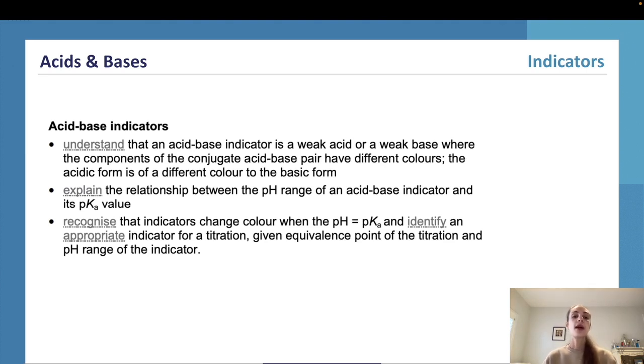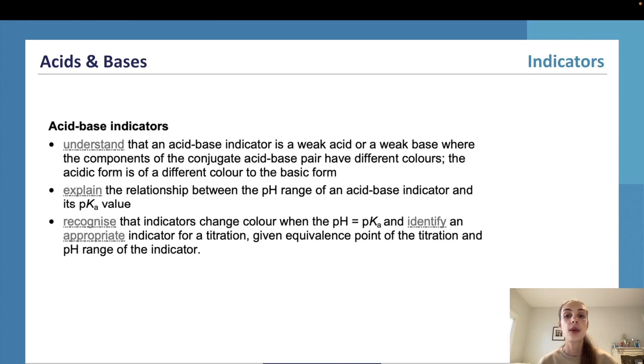Then we also want to be able to explain the relationship between the pH range of an acid-base indicator and its pKa value, so that we can then determine which indicator is going to be best for a particular system. And then finally, we want to be able to recognize that indicators change color when the pH equals pKa.